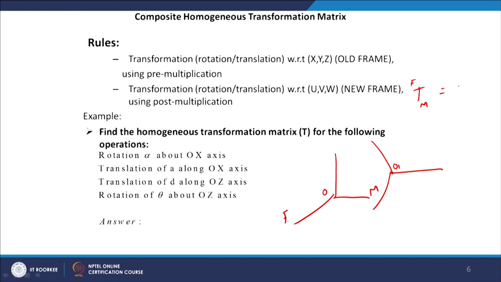If it is only rotation, we were using R notation for a 3 by 3 matrix, but here because we are introducing a 4 by 4 matrix for the translation as well as rotation, we use the notation T representing a transformation. So FTM, the homogeneous transformation, is a 4 by 4 matrix in which the first 3 by 3 block represents the rotation and the fourth column represents the translation.